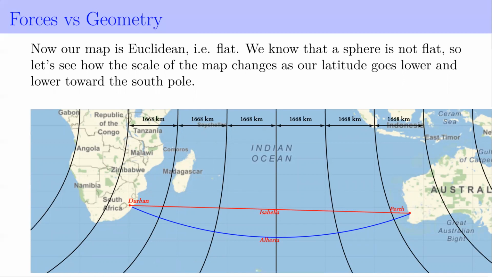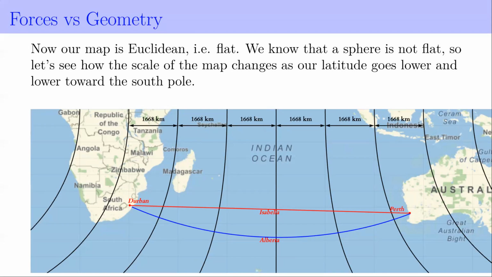However, we know the sphere is not flat. So we can see how the scale of the map changes as our latitude goes lower and lower towards the south. This shows the map that we had previously.